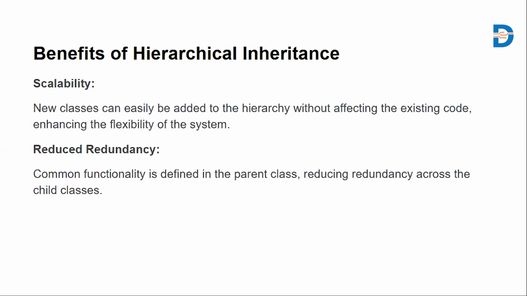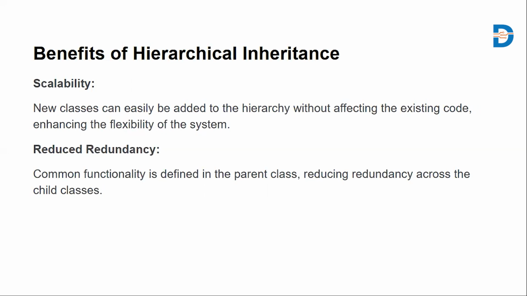The next benefit is scalability. It's easy to scale the system if we need to add more vehicle types in the future, like bus or scooter. We can create a new class that inherits from the Vehicle class without having to modify existing code.